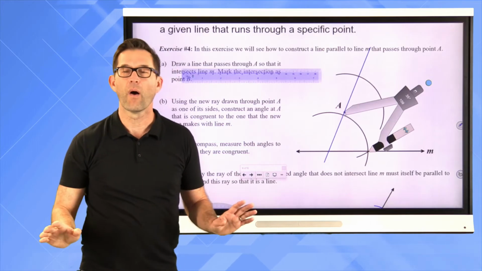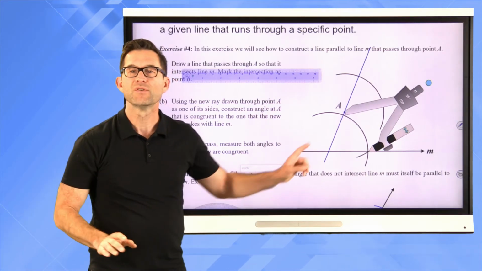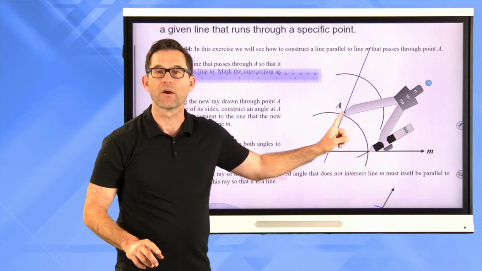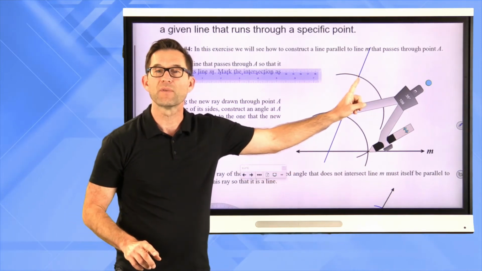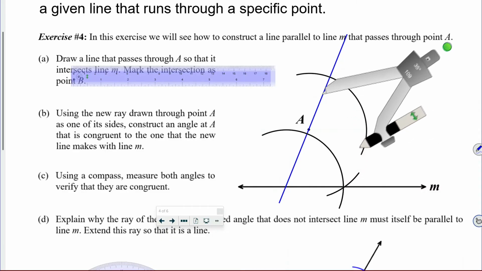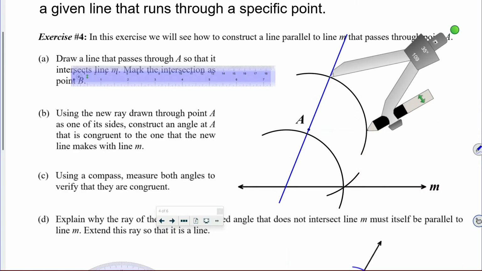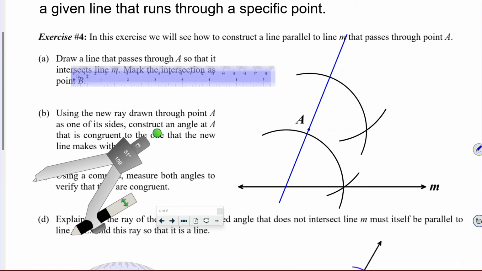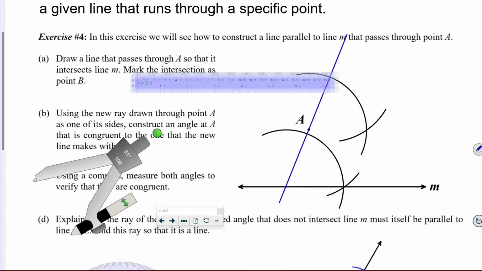Okay, now I've measured that distance. So what is the equivalent of where this arc intercepts here? Well, it's where it's intercepting up there, right? So I'm now going to move this up to here, and I'm going to make the same arc, okay? So I'm doing exactly what I did in my last construction.